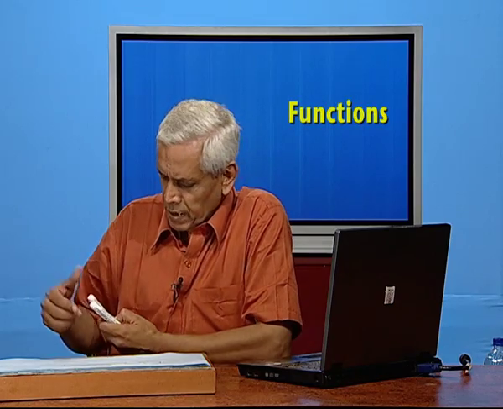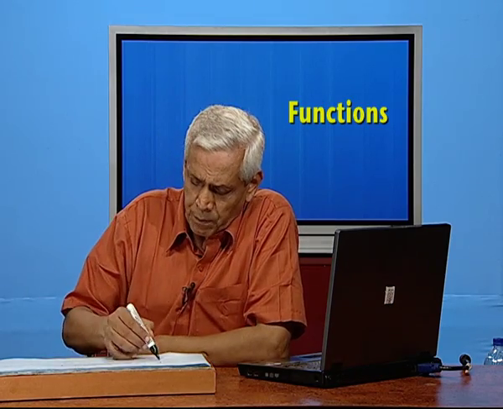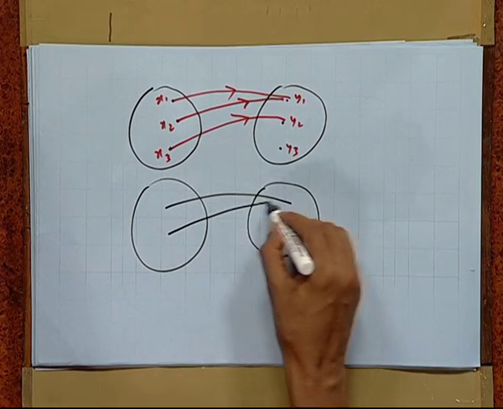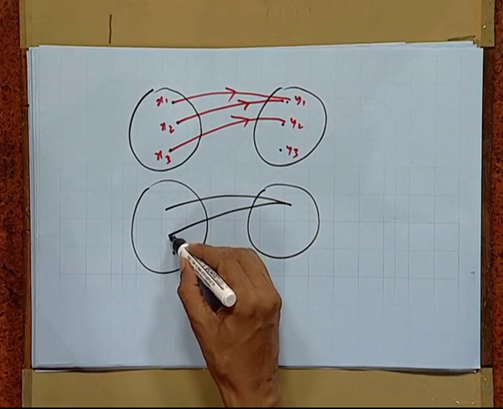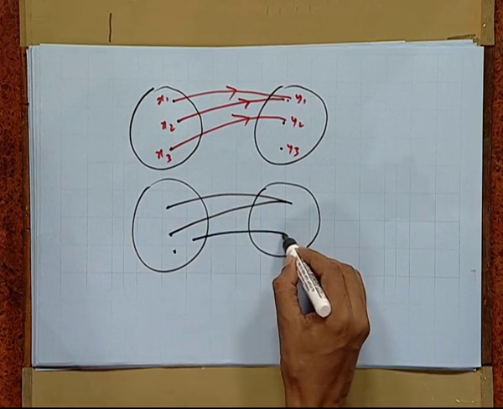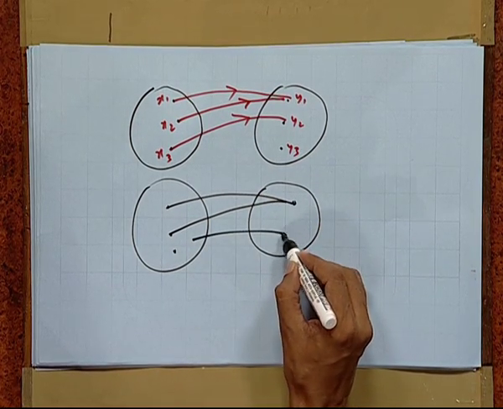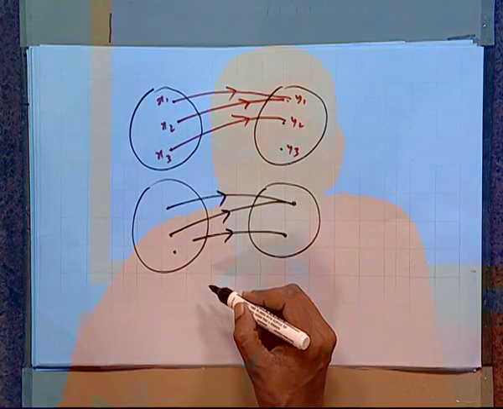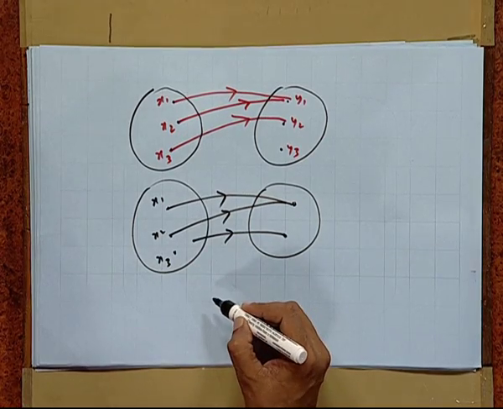It is a function, but if you take this example, this is not a function because x3 has no image.